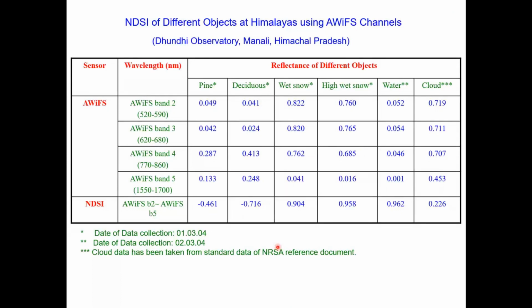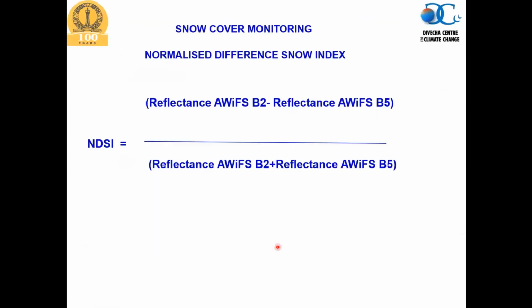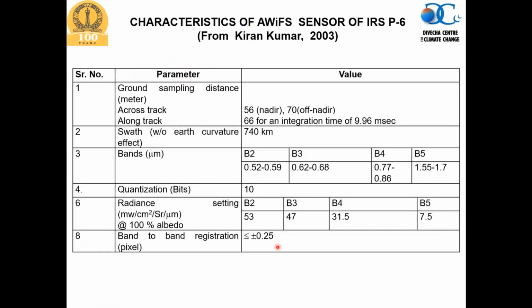If you really look into this, the work was done by one of my doctoral students, who is now a very senior scientist in the DRDO. So you can see how NDSI is developed if you take the spectral bands of AWiFS. We know the spectral bands of AWiFS are 0.5 to 0.9 and 1.55 to 1.7.